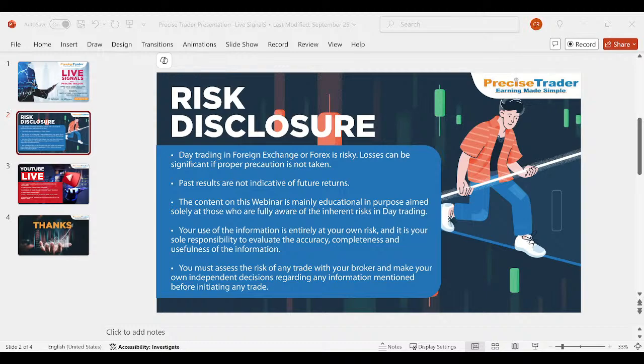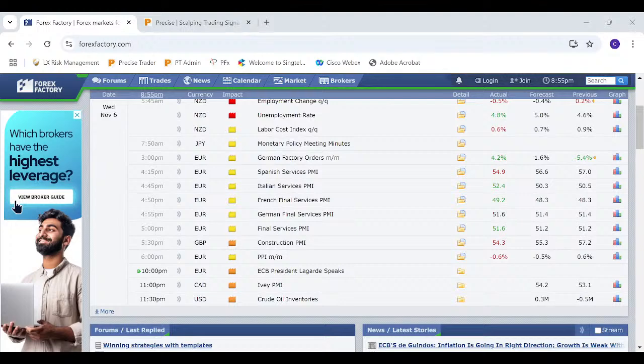Do take note that today is the US election result. I'm not sure whether the result is out, but the dollar strength has been quite magnificent. It was a big move, and a very big move happened tonight.